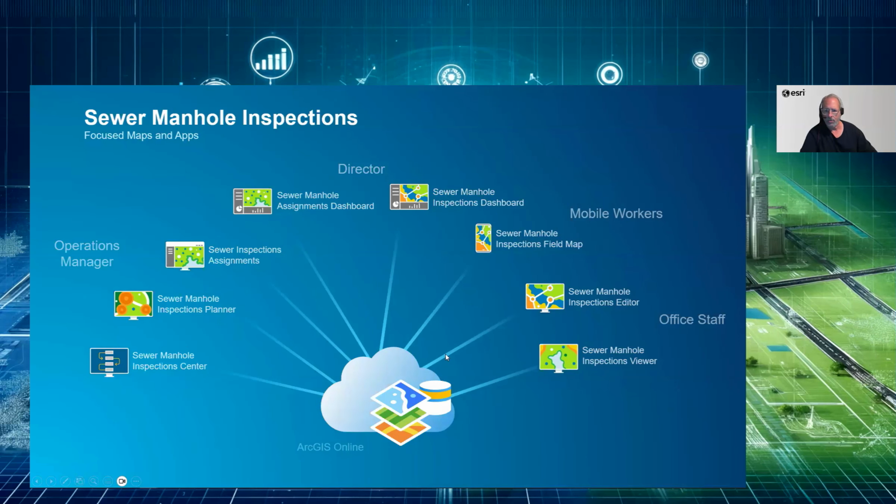So this is what you would get. When you download to either ArcGIS Online, or if you're using Enterprise, you can do it for both. This will put links in there, and then you'll start. What I'm going to do is show a little bit of this inspection, some of the workflows that we'll be able to do.